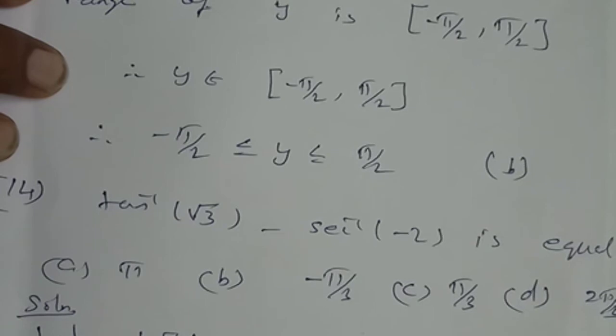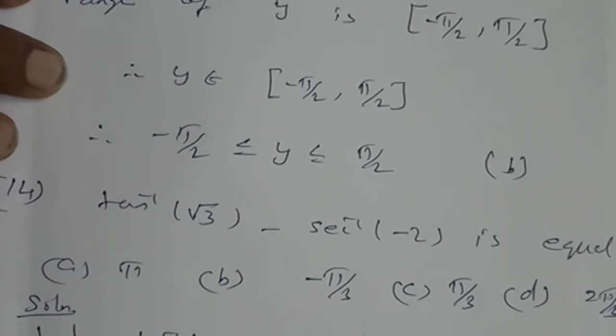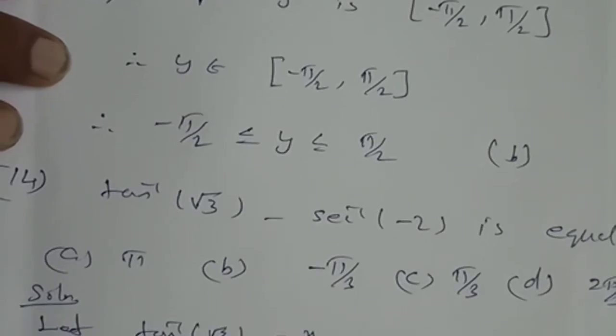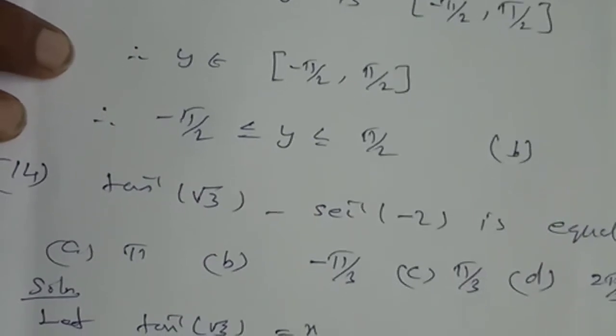Then let secant inverse of minus 2 be equal to y. Then secant y is equal to minus 2.